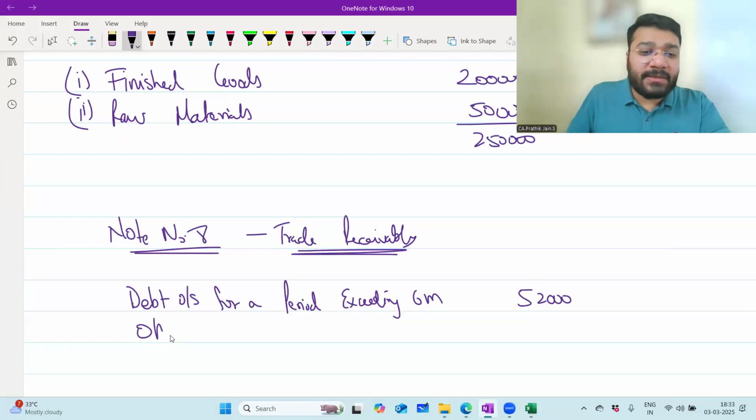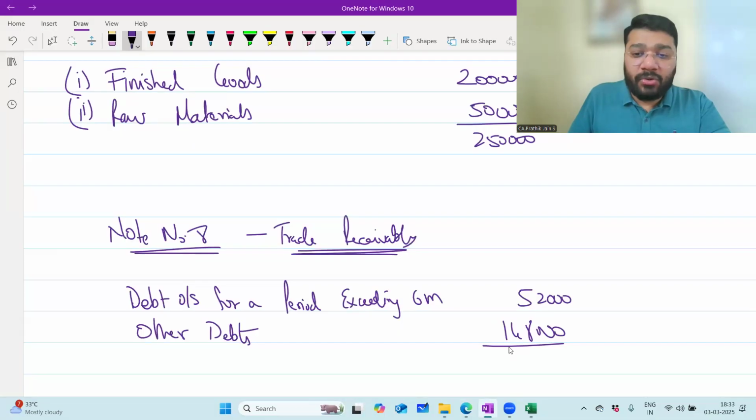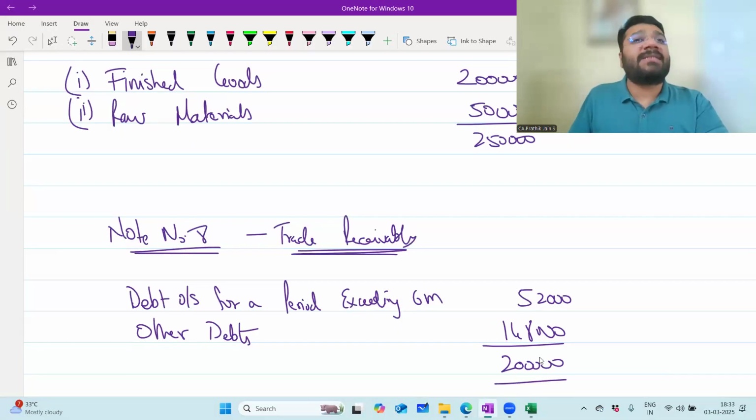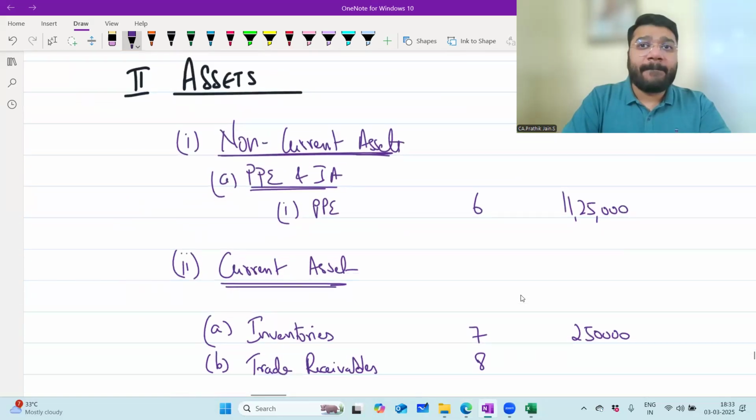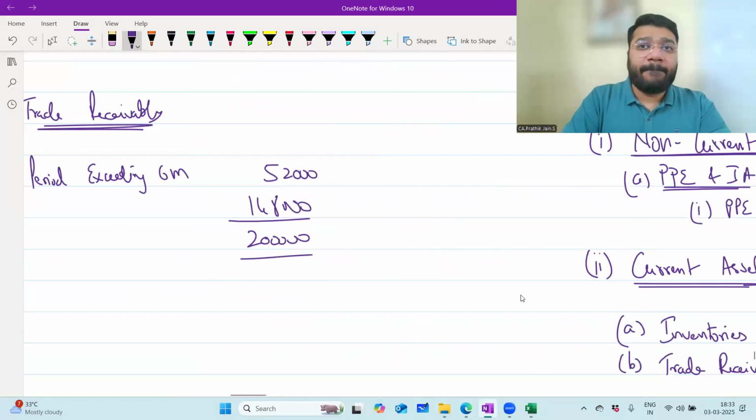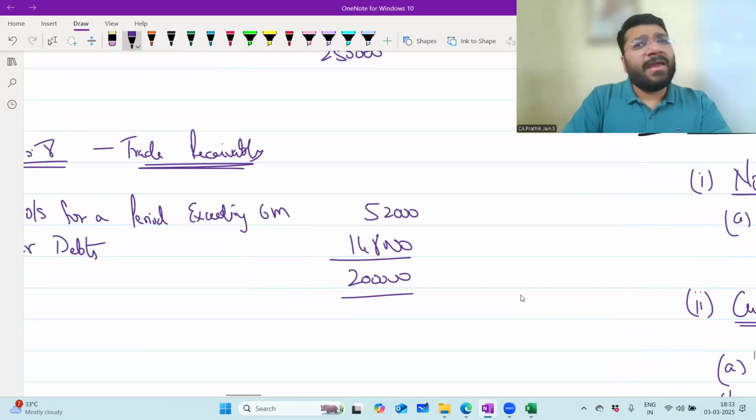So how much is other debts? 1,48,000. Total is how much? 2 lakh rupees. So 2 lakh total debtors is given in your trial balance. In that, 52,000 is exceeding 6 months. Remaining is 1,48,000 other debts. Sir, yes, boss. Yeah, we can do that. I think wrong.